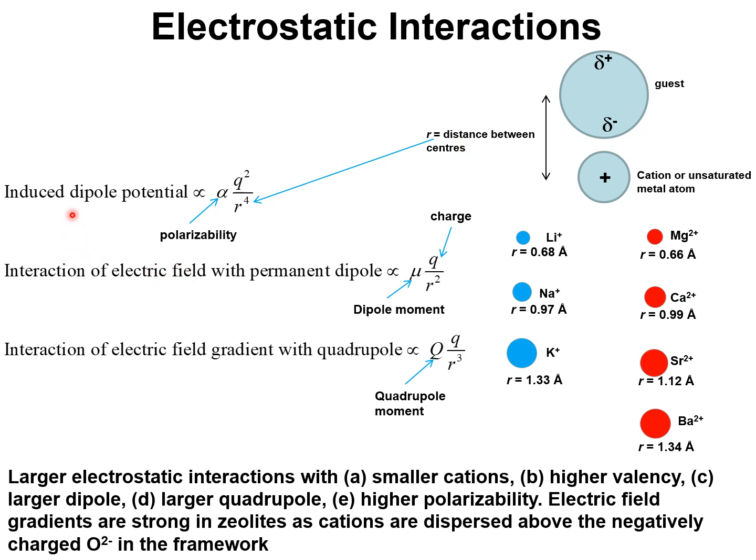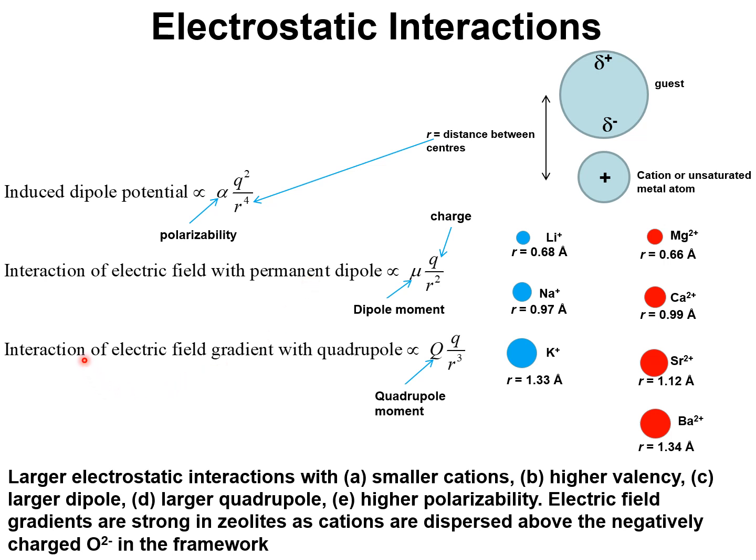Basically, we can distinguish between 3 types of electrostatic interaction potentials. One due to induced dipoles. The second one due to the interaction of the electrical field with the permanent dipole of the guest molecule.